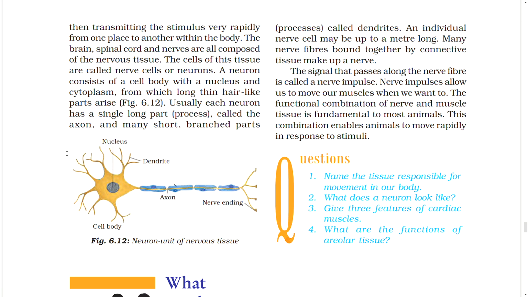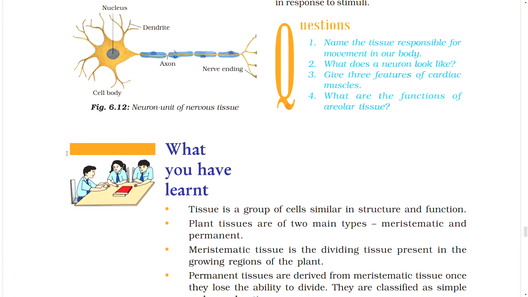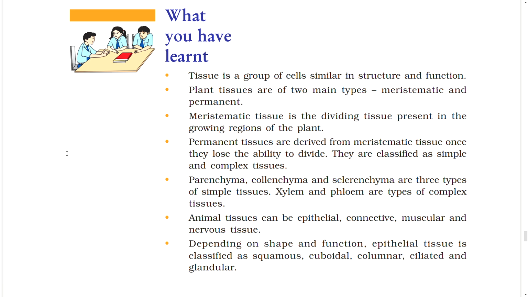Questions? Comment this. What you have learnt. Tissue is a group of cells similar in structure and function. Plant tissues are of two main types, meristematic and permanent. Meristematic tissue is the dividing tissue present in the growing regions of the plant.